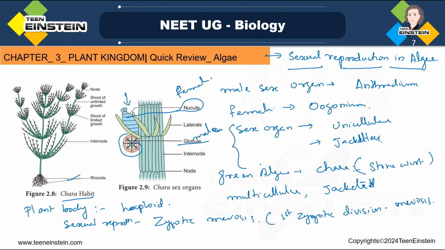Clear? So here embryo is not formed. Meiosis takes place in the first zygotic division, so embryo is not formed. Then the sexual reproduction, we can say, is of three types: isogamous, anisogamous, and oogamous.